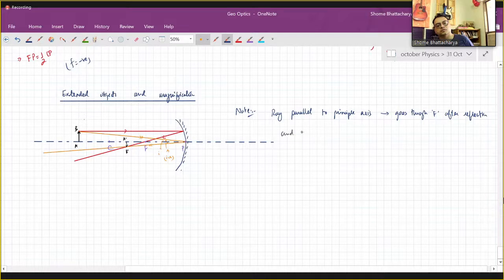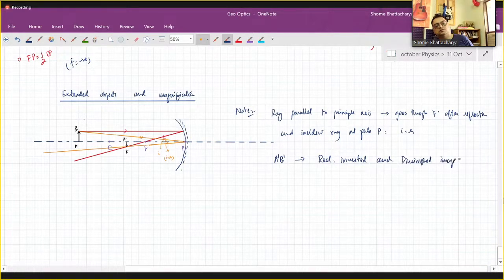And incident ray at the pole, so using that now we can see that A prime B prime is the real, inverted and in this case diminished image of the object AB.